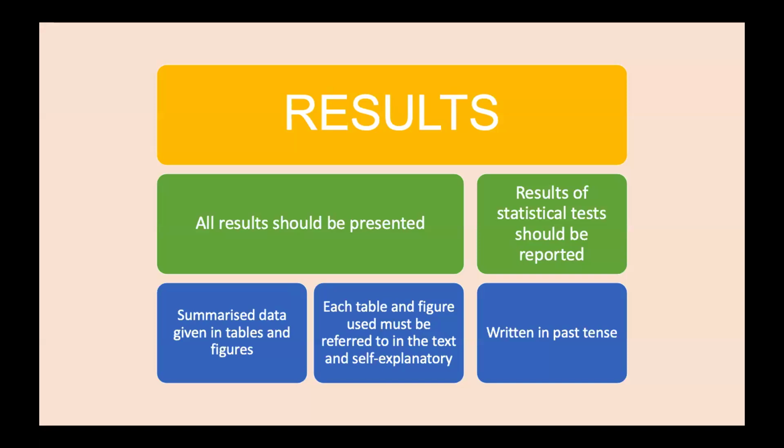Another one is self-explanatory, because you have to bear in mind that tables and figures must stand alone. Meaning that when readers look at your tables and figures, they understand what you want to highlight.